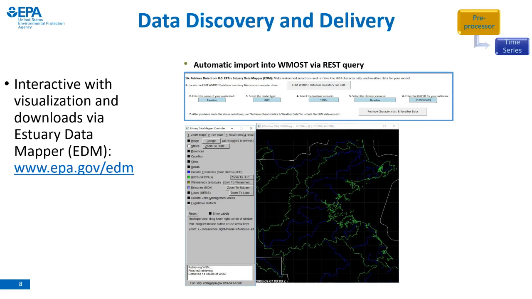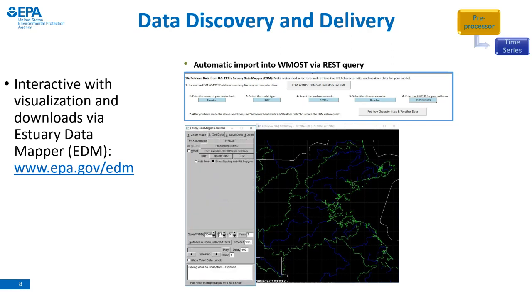You can also explore these data interactively via our estuary data mapper application. The URL for download is shown on the left there, and a screenshot of the interface is shown at the bottom of the screen here. So you start out by zooming into your area of interest using the first tab. You can click on states and zoom to the state of interest, and from there zoom into a particular watershed of interest. If you go to the second tab, you pick the WMOST scenario and endpoints of interest and identify the HUC that you want to examine.